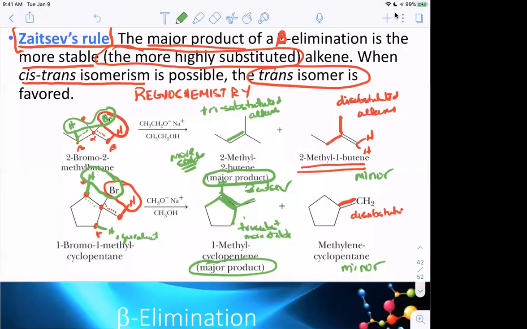If you go on to take organic 1 and 2, you're going to find out that this is also called the Hofmann elimination or the Hofmann product. And there are actually ways that I can manipulate my reagents in order to give me that least substituted alkene. The great thing about organic chemistry is if something doesn't happen under certain conditions, I can usually find conditions where it does happen.